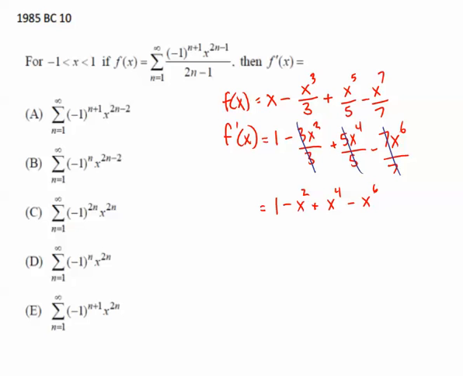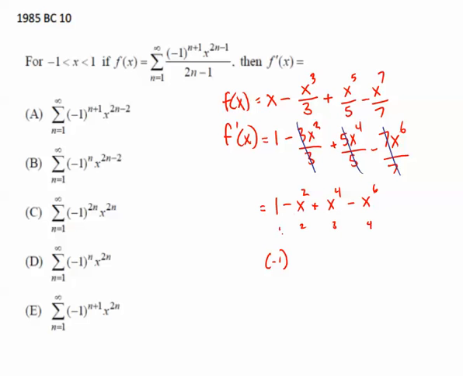And since you know that based on the options there, n is always going to start from 1, so this would be the first term, second term, third term, fourth term, and we want it to alternate, so we would have a -1.